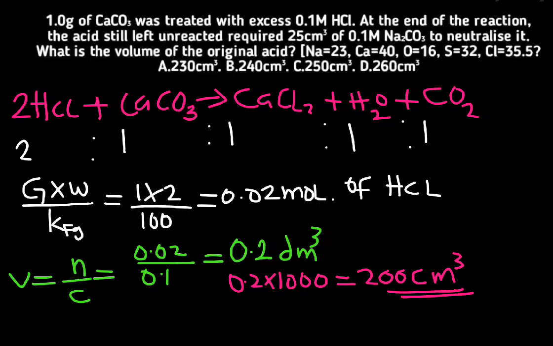This is the reaction between calcium trioxocarbonate(IV) and HCl. Now, if you continue reading the question, they say at the end of the reaction, the acid still left unreacted, meaning we still had excess HCl, required 25 cm³ of 0.1 molar concentration sodium trioxocarbonate(IV) to neutralize it. So we'd go again and balance another chemical equation and solve for the volume of the acid this time around.